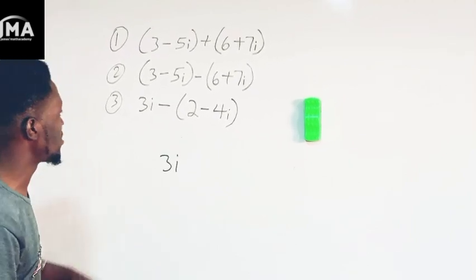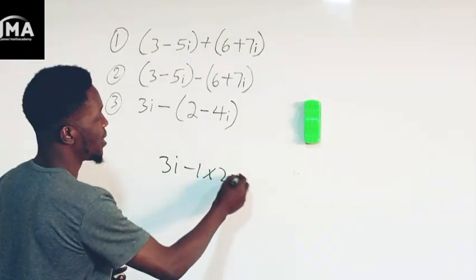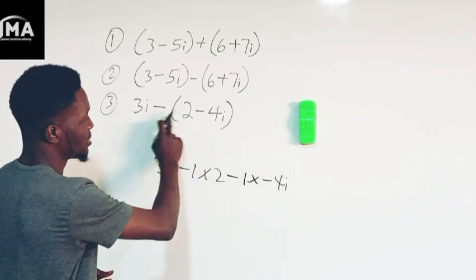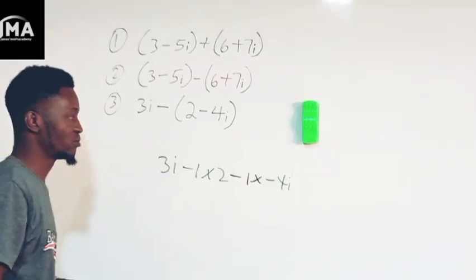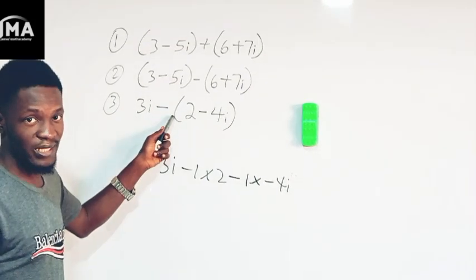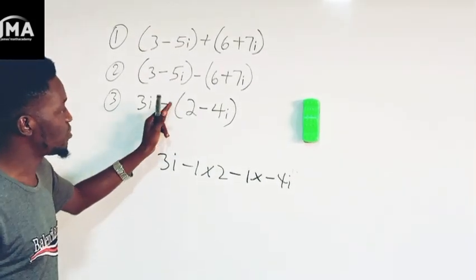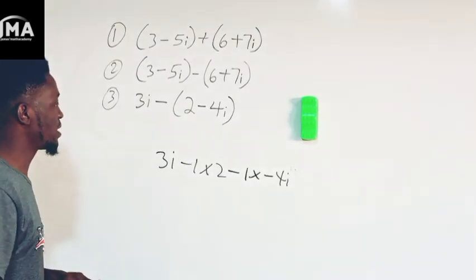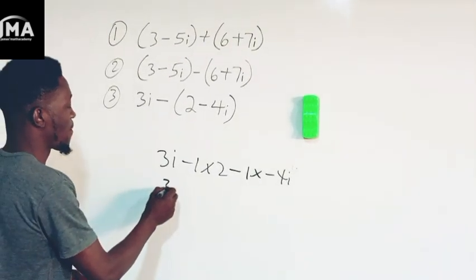So it's going to be minus 1 times 2, minus 1 times minus 4i. We multiply all the terms inside the bracket by the negative.